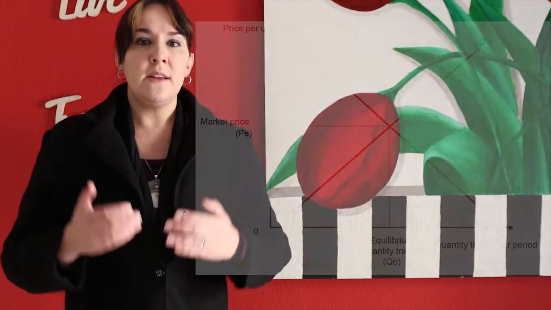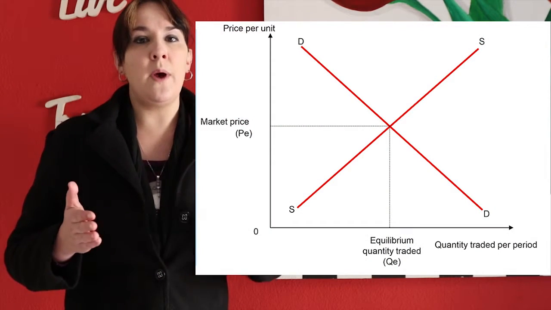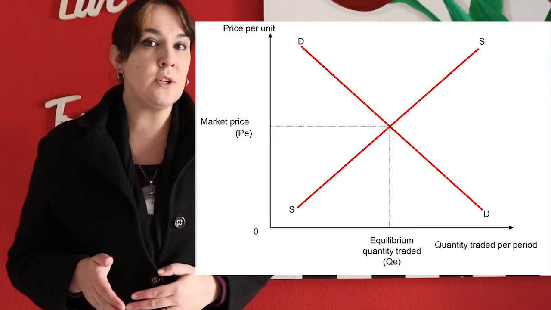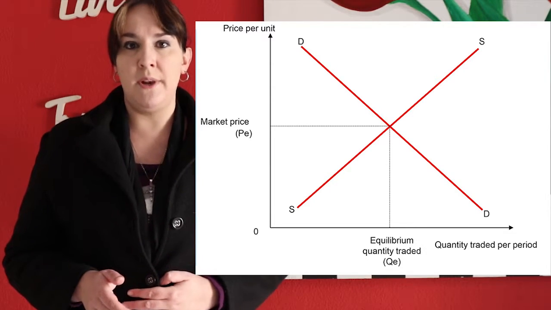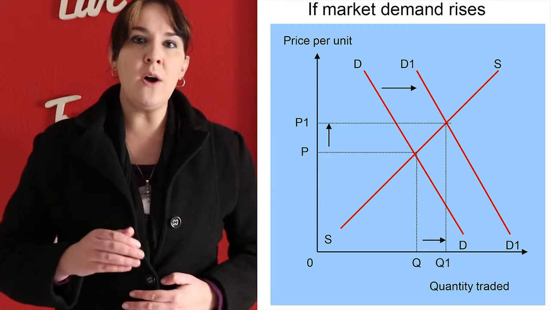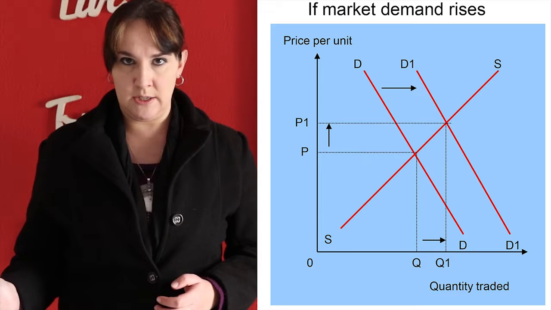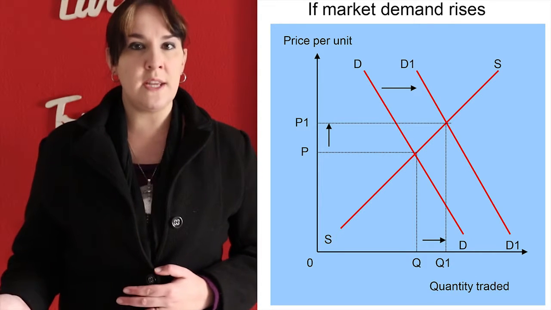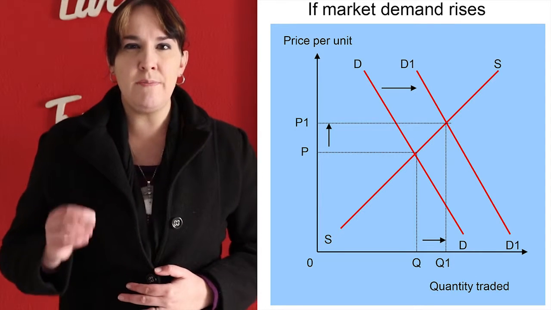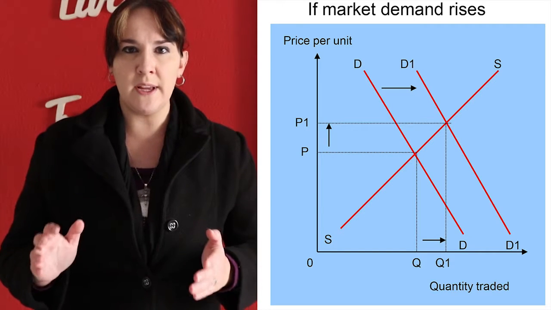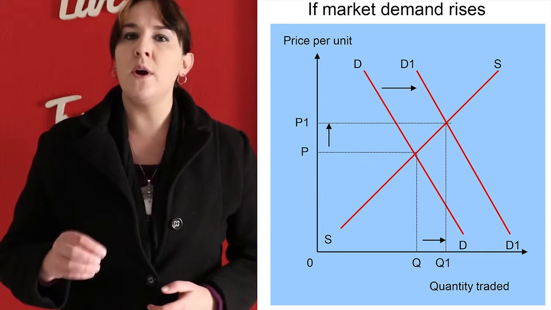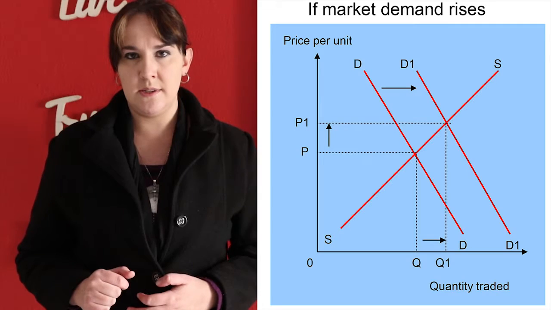I have to put down a normal demand curve and a normal supply curve on my graph, and from there I will show the outward shift of my demand. And if my demand increases, if people demand more but your supply stays the same, what is going to happen to the price?